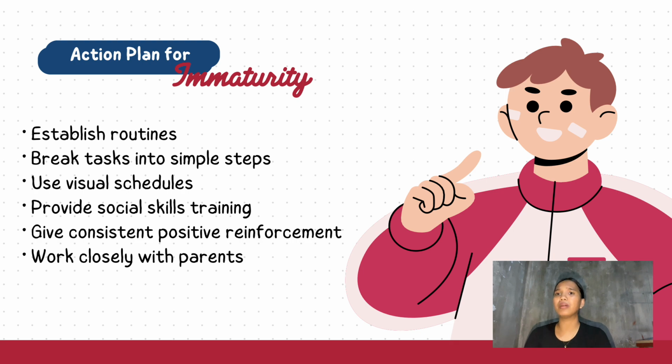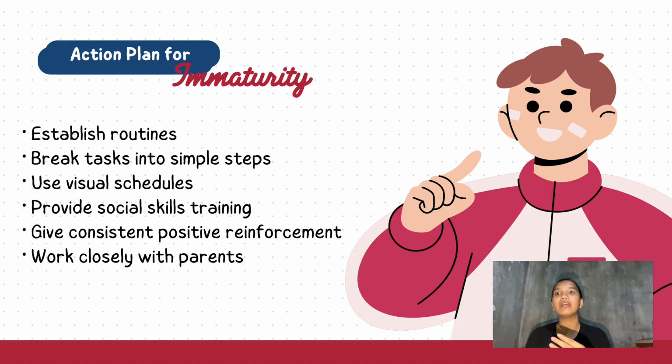So, to help immature learners, we can establish clear routines and give visual schedules, and also we can break tasks into small steps para mas manageable or one step at a time. And also, it includes providing social skills training like turn taking, sharing, and handling emotions.